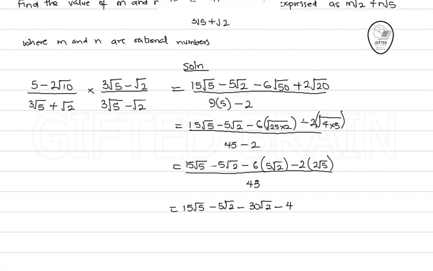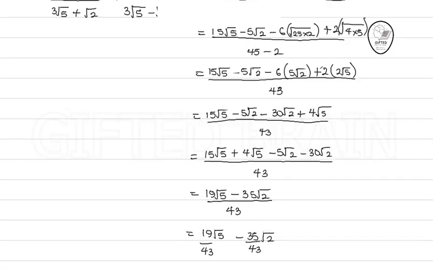Sorry, plus, plus. And then here too, this should be plus. So it's a mistake. When you multiply the last, that is gotten by multiplying this by this, it is a plus actually. So 4 root 5 over 43. And so finally, if we proceed, we have our answer.